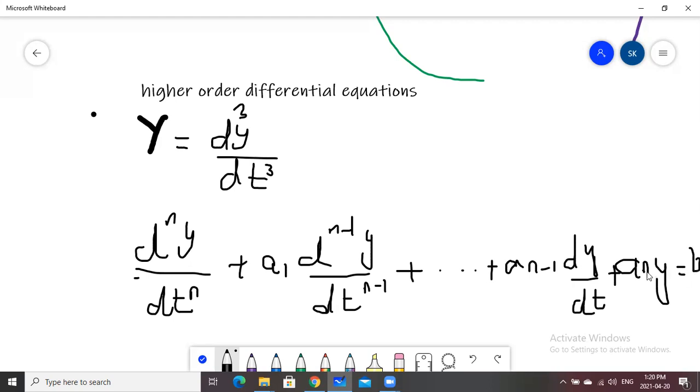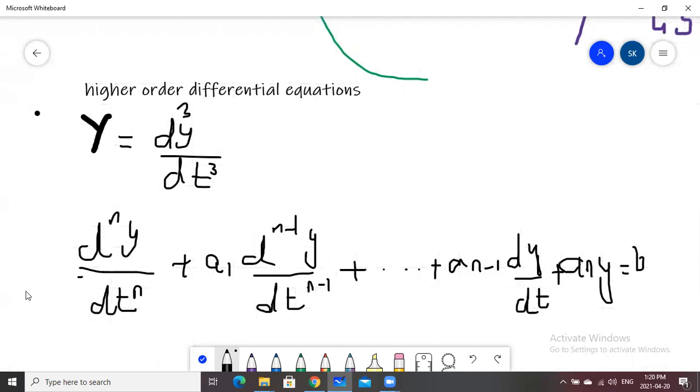Here, no derivative remains in the last term, so we get a_n y is equal to b, that is, b will appear over here.